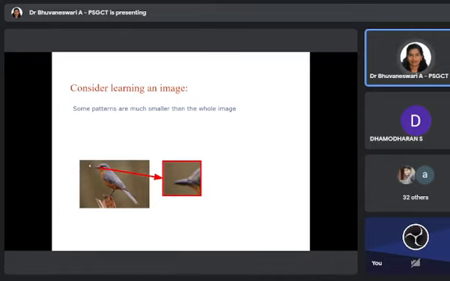When you want to focus on the beak, the size of the beak pattern is much smaller than the pattern of the original image. So you have to extract the small pattern within the big image and then process the extracted image and confirm that it's a beak.